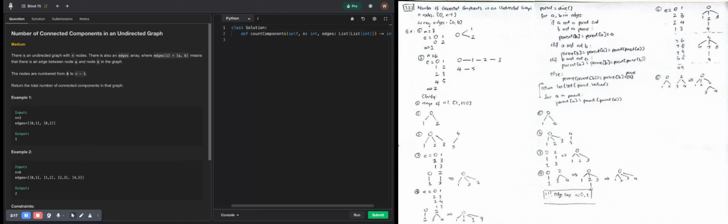Example 1, n equals 3, and then edges are given 0, 1 and 0, 2. Output 1. Example 2, you're given n equals 6, edges are 0, 1, 1, 2, 2, 3, and 4, 5.